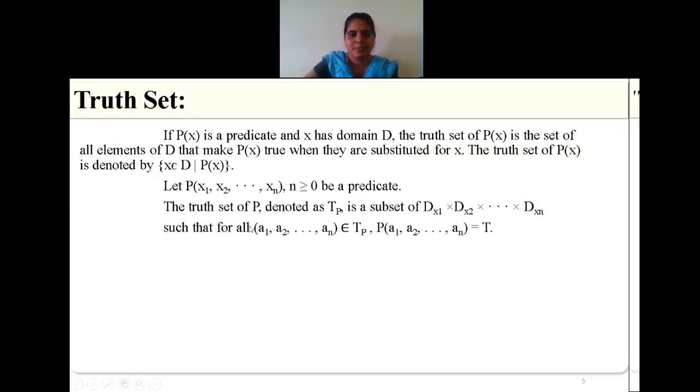Here we can represent the truth set for the predicate P as Tp, a subset of Dx1, Dx2, Dx3, and so on up to Dxn, such that for all a1, a2 up to an in Tp, if you replace x with a, it gives a truth value. It may be either true or false.